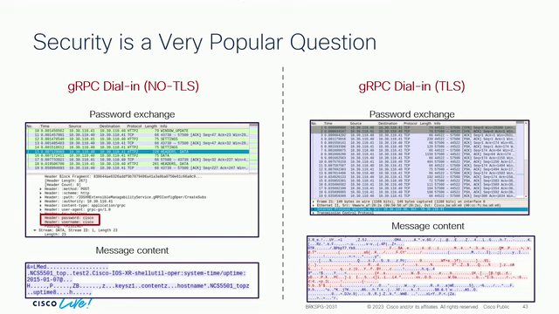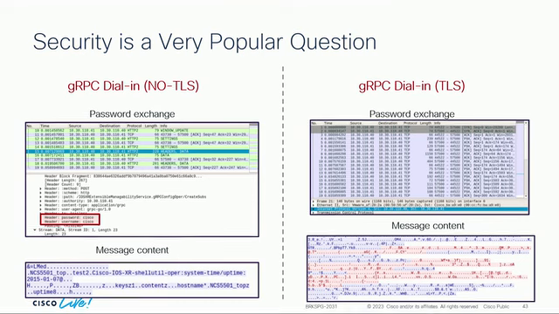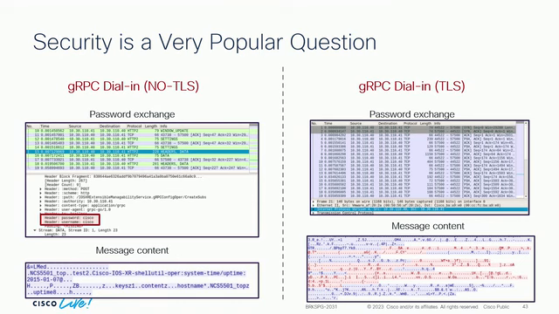If you want to disable it, you just go into the CLI, run the grpc no-tls command, and you commit it. Post that, you will have the capability to do unsecure connectivity to the box, so without TLS. But again, when you dump the output, you will see all the credentials in plain text, which is not good, and especially for production networks, it's not recommended.